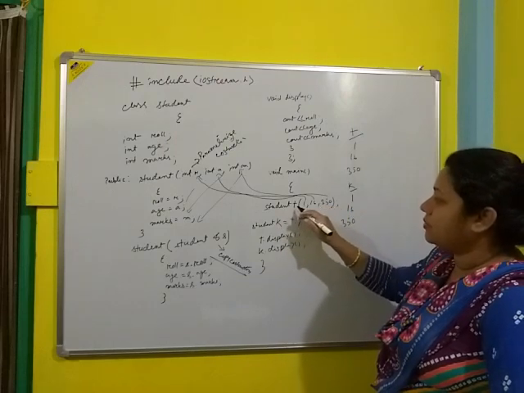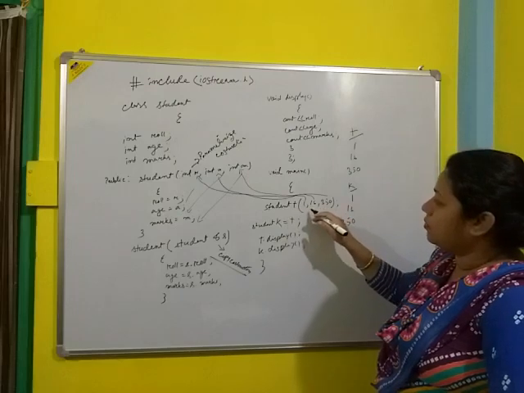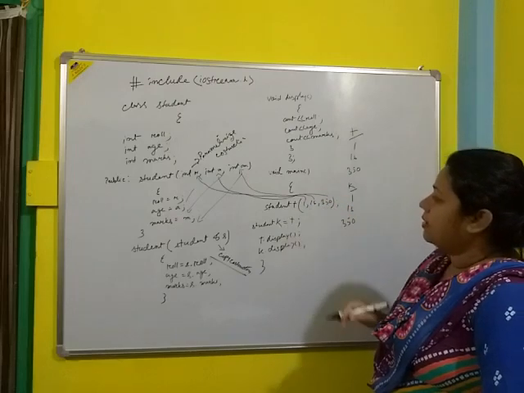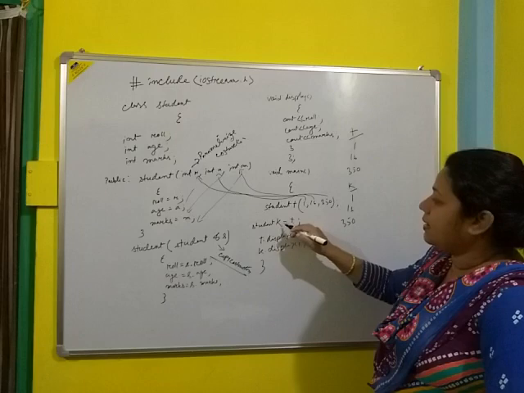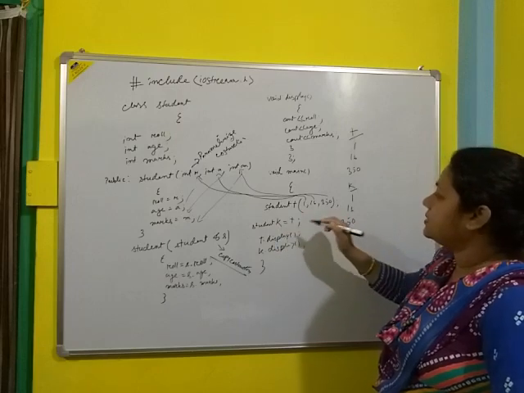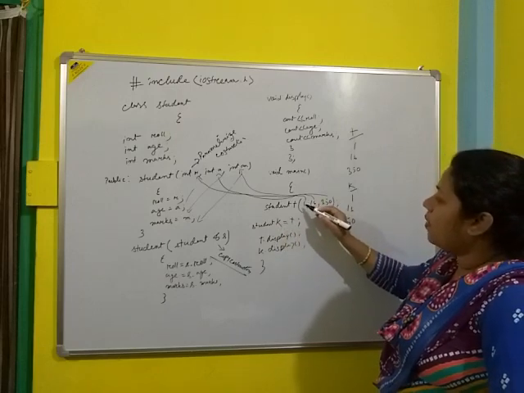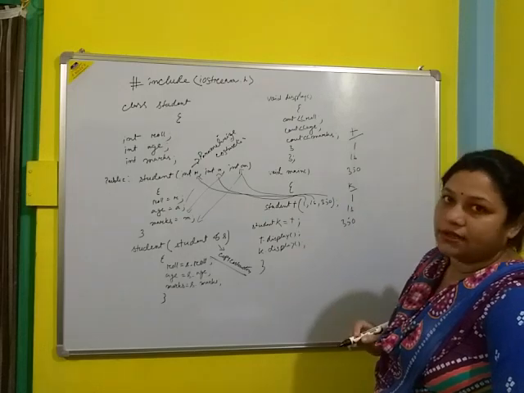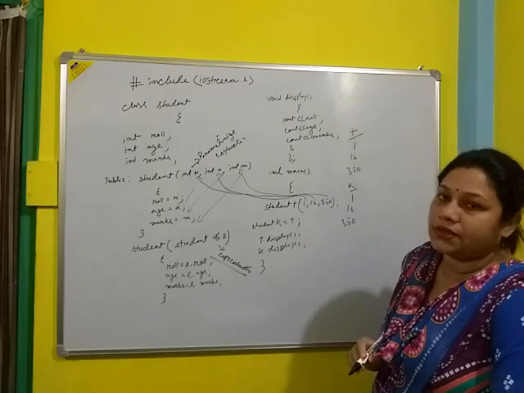So here I create an object, and I declare all the values here, and K will copy the content. That means K is going to copy all the values from T. So this is the use of copy constructor.